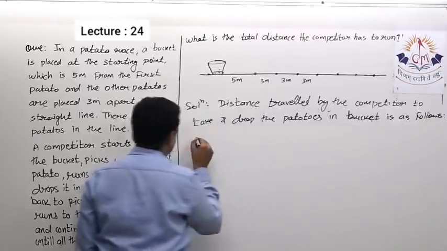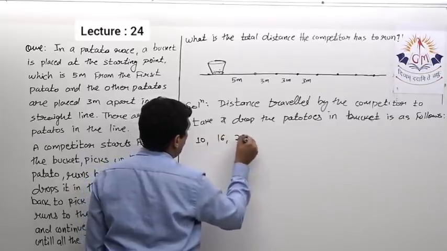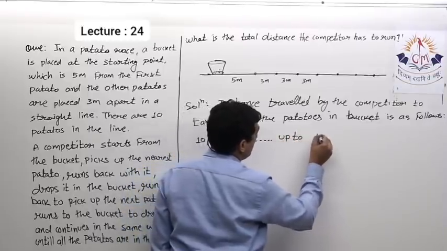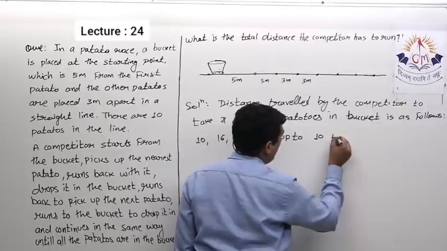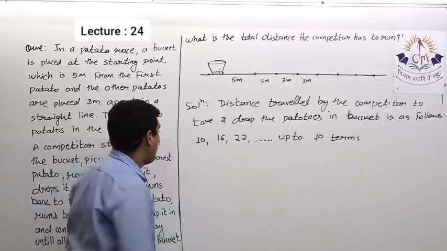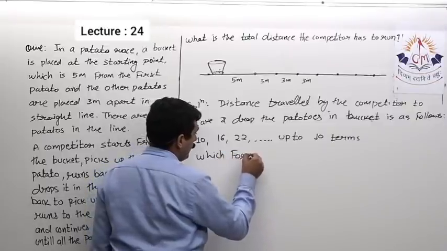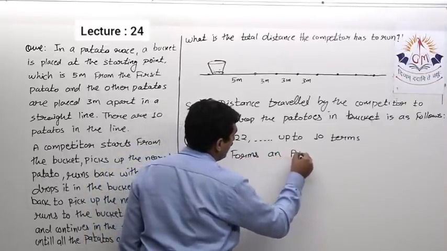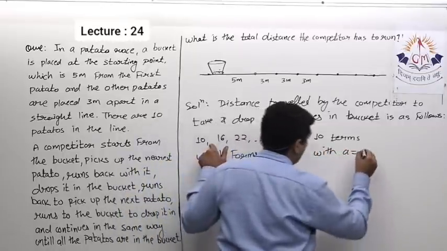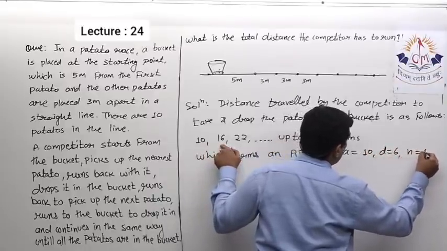Okay, 10, then 16, then 22, and so on, up to 10 terms, or up to 10 potatoes. So here I will write up to 10 terms because there are 10 potatoes in the row. Now this forms an AP, isn't it? Which forms an AP with a equal to 10, d is equal to 6, and n is equal to 10.